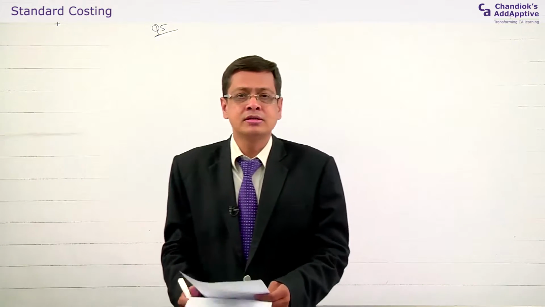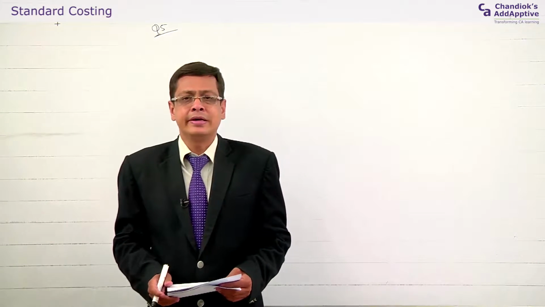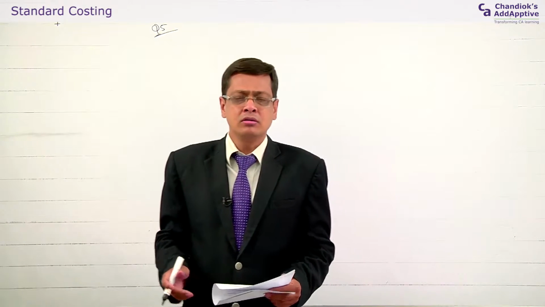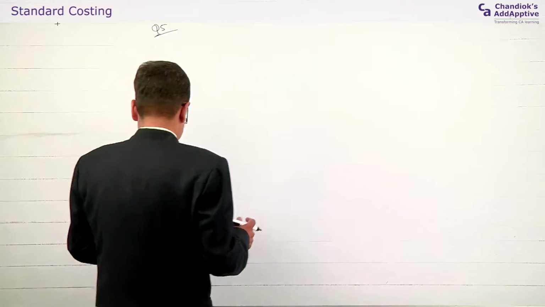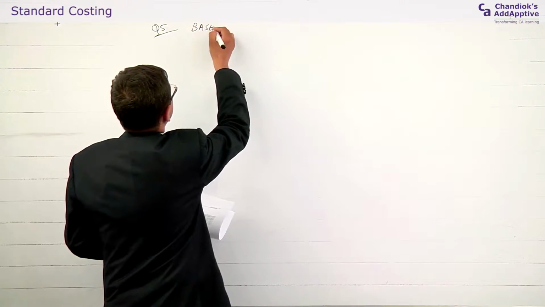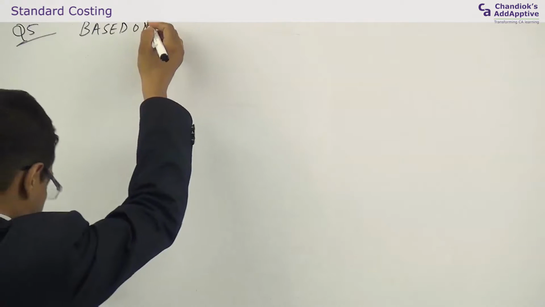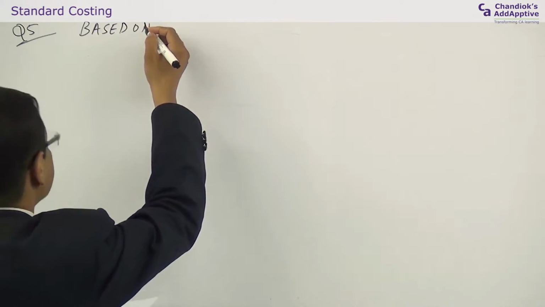So what is the first step friend? We make the working note for basic data. So let us make the working note and the basic data. So first, the base is sales value or sales margin. So let's start working on margin first.